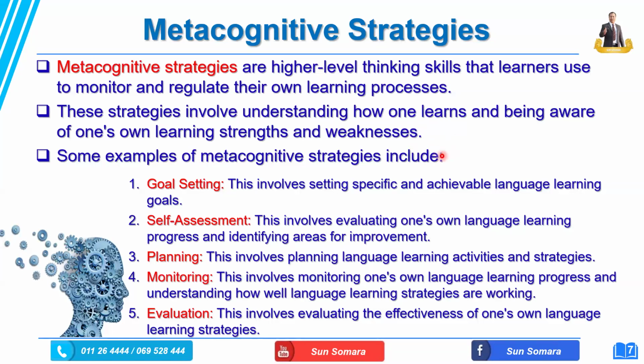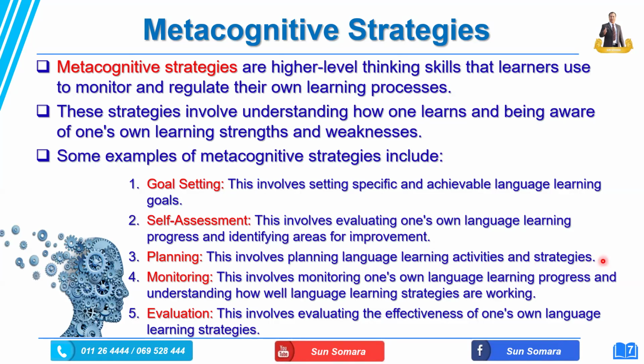Some examples of metacognitive strategies include goal setting. This involves setting specific and achievable language learning goals. Second, self-assessment. This involves evaluating one's own language learning process and identifying areas for improvement. 3, planning.